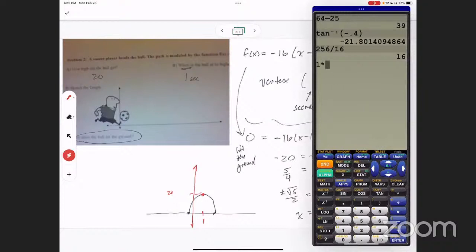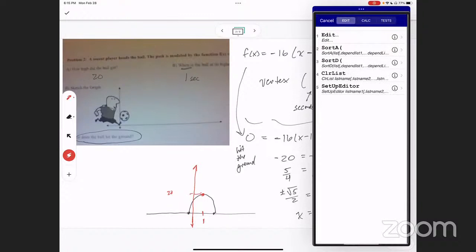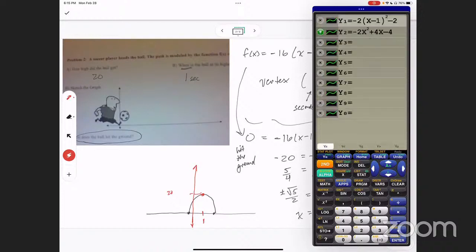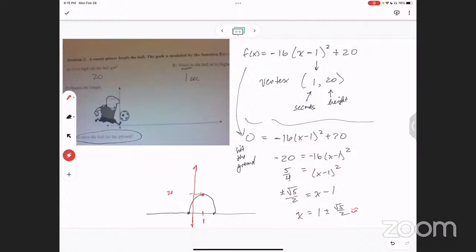You can use your calculator for this. 1 plus the square root of 5 divided by 2. 2.12 is where he was. 2.12 seconds is how long it took for the ball to get to the ground.